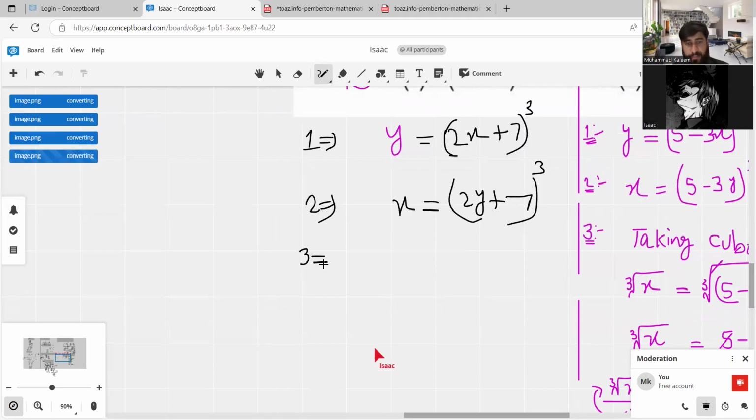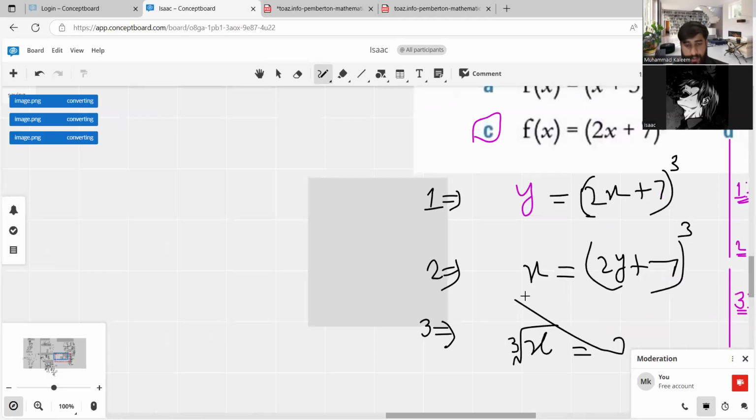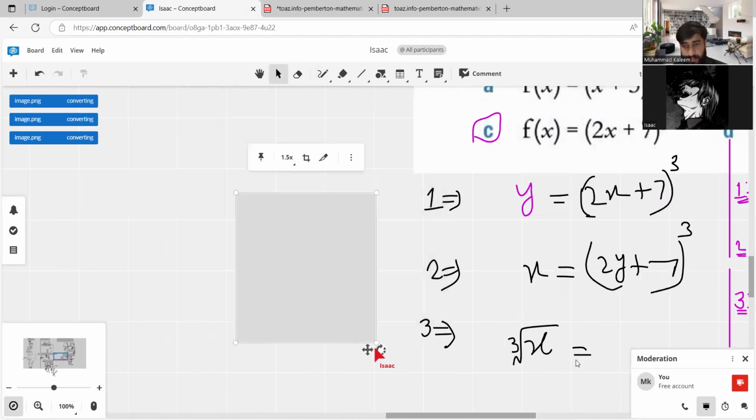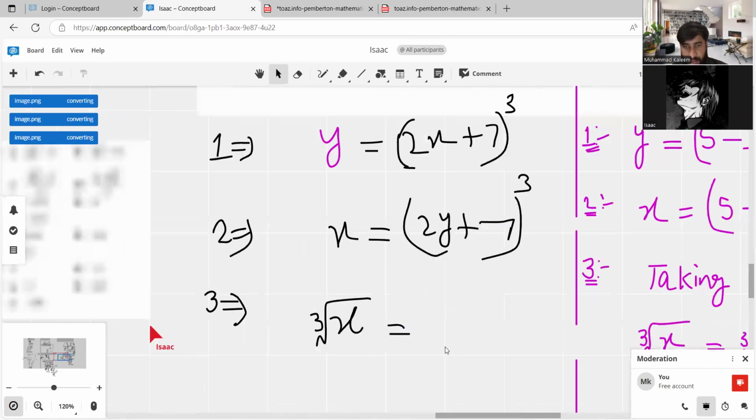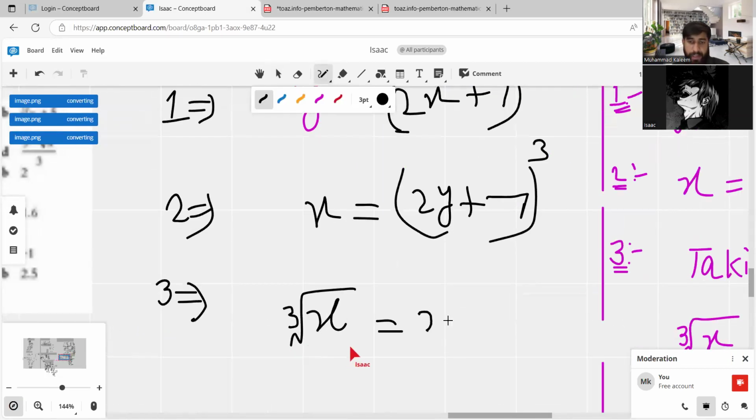Then you have to find the cube root, so it'll be cube root of x equals 2y plus 7.